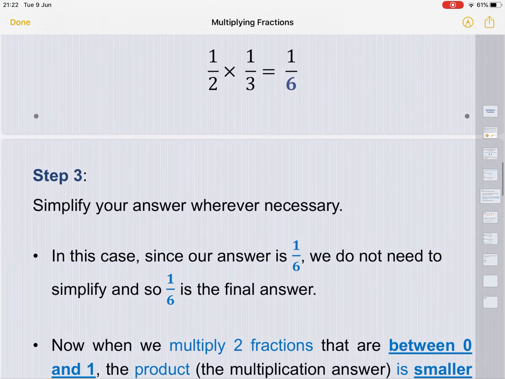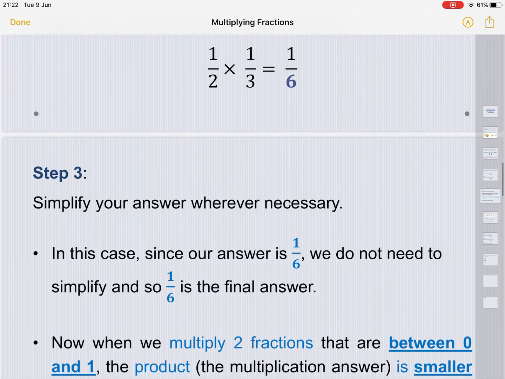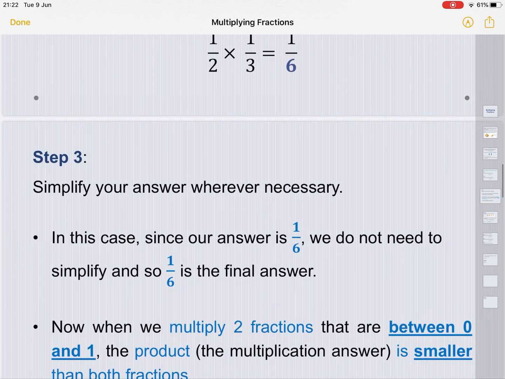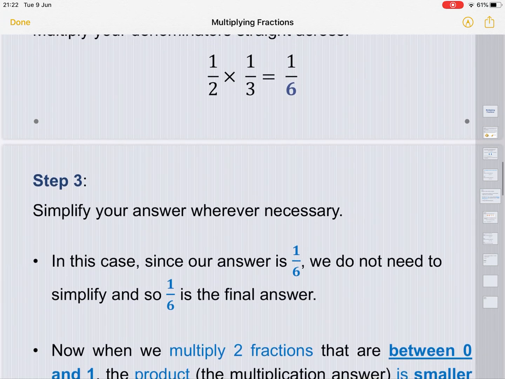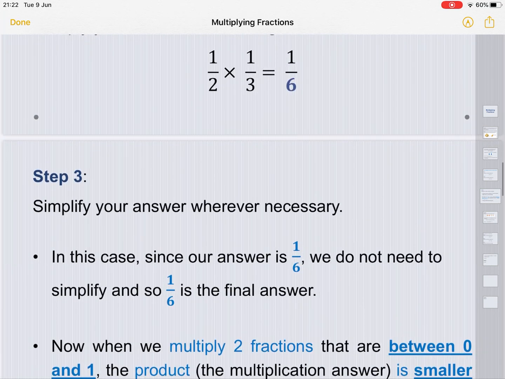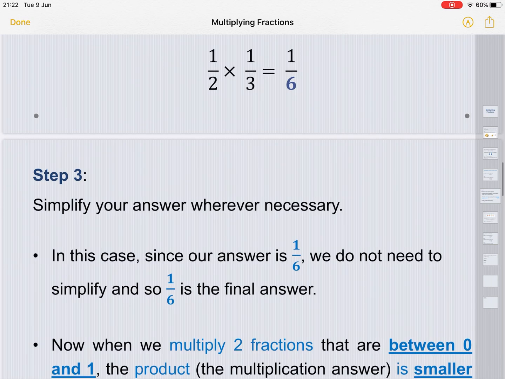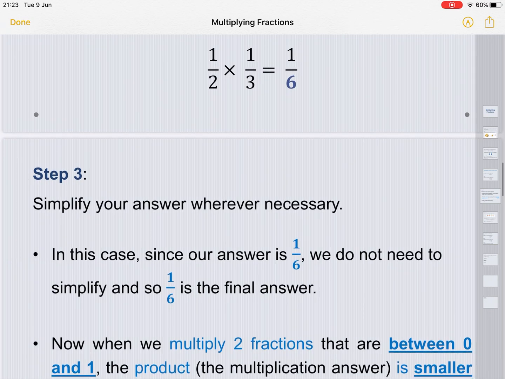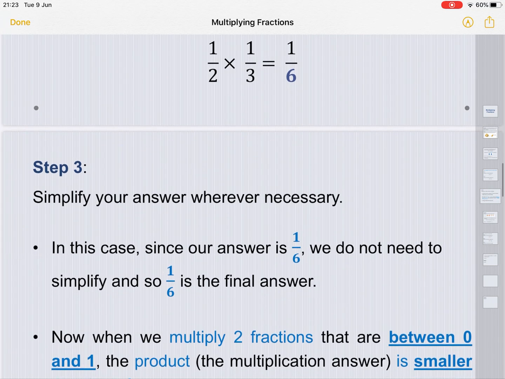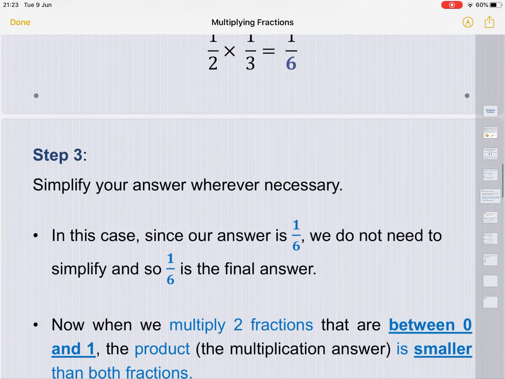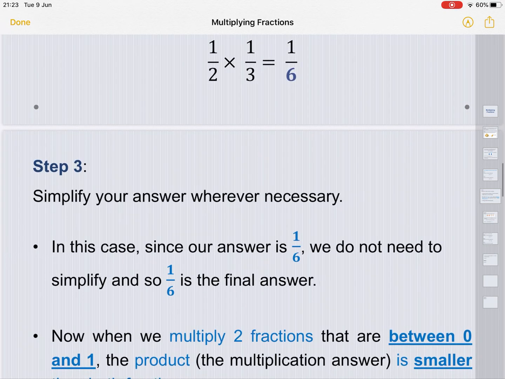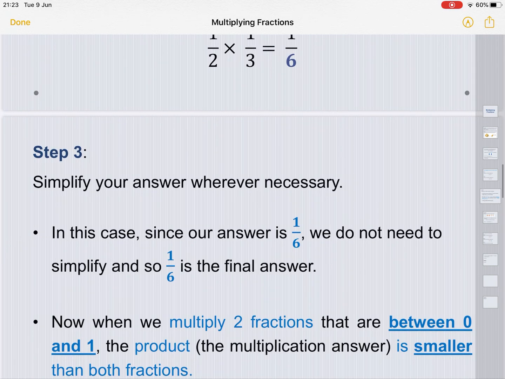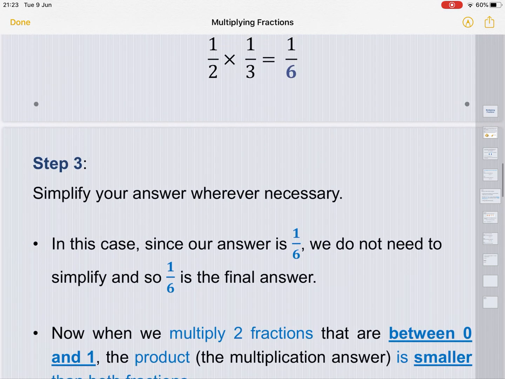Now, boys, I want you to note that when we multiply 2 fractions that are between 0 and 1, just like 1/2 and 1/3, the product, the answer of the multiplication, would be smaller than each of the fractions.